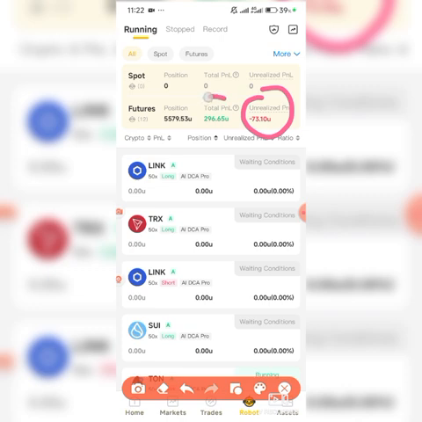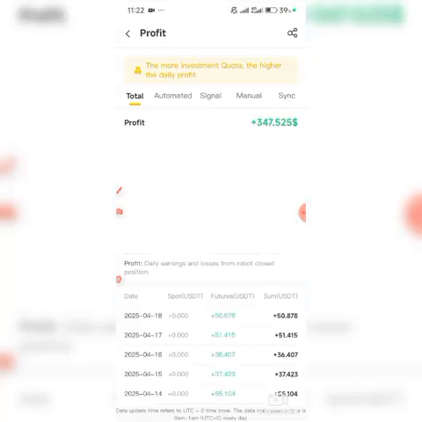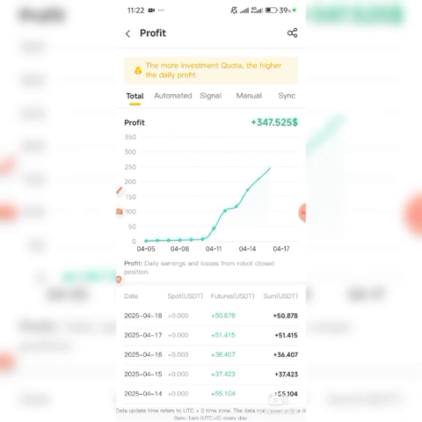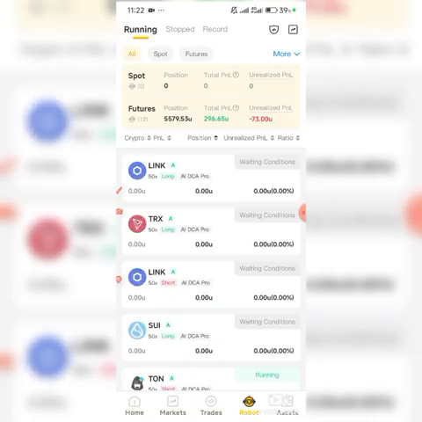Now this is my total P and L, right? If I come back to my graph here, you can see they have 347, which is the overall profit that I actually make, right? Now my total P and L is 297.